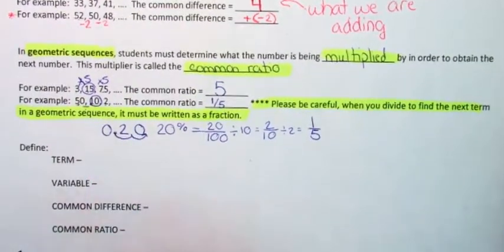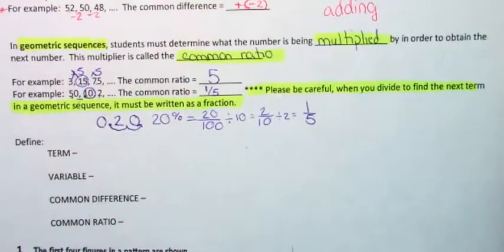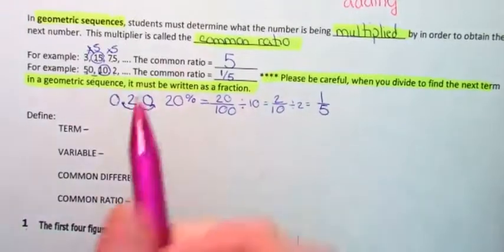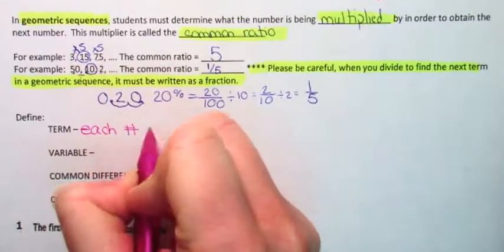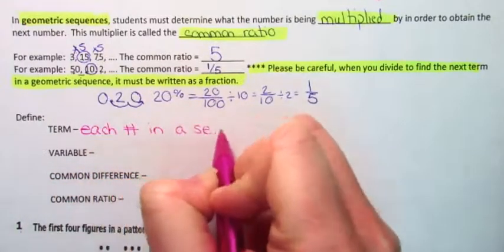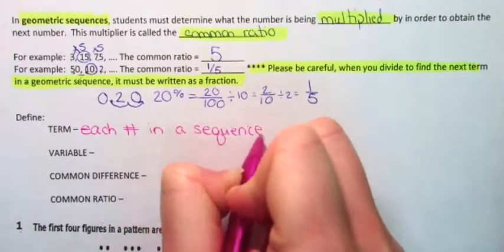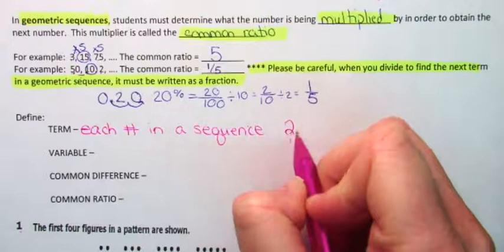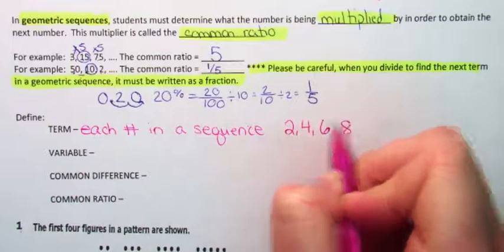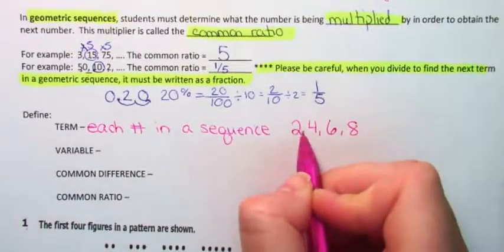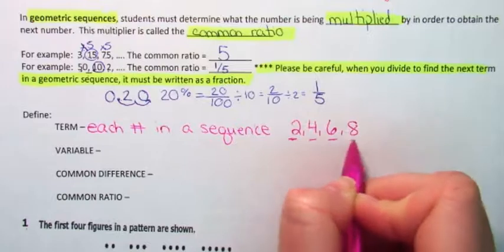So I have 4 things I want you to find down here. The first is term. A term is each number in a sequence. That means literally that if I had the sequence 2, 4, 6, 8, each one of these is a term.